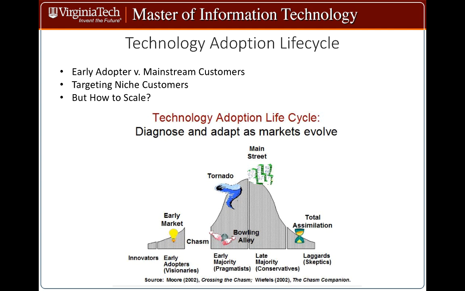But there's something more central to the framework than this pattern distribution, and that's the underlying assumptions it makes about consumer behavior. We've talked about key differences between customers in the early markets, the innovator and early adopter customers, and the mainstream markets.